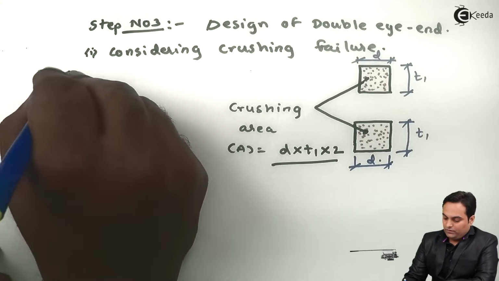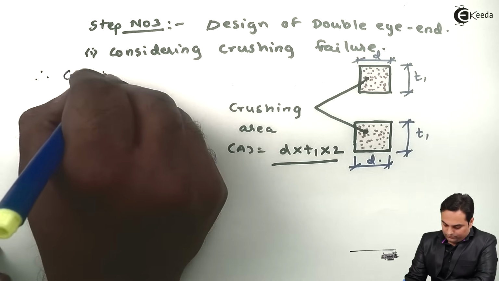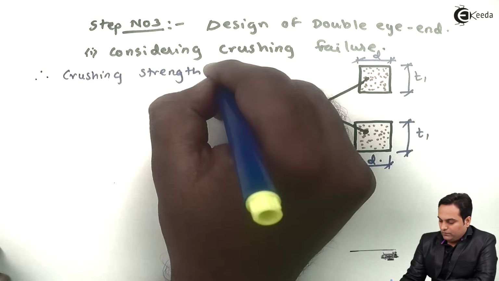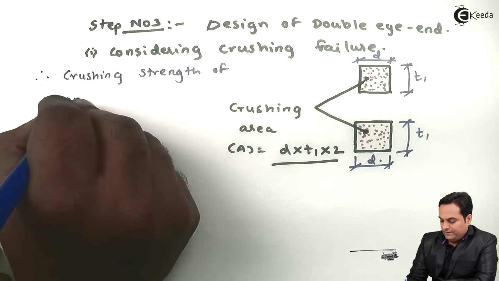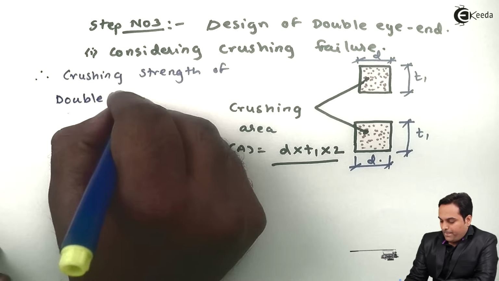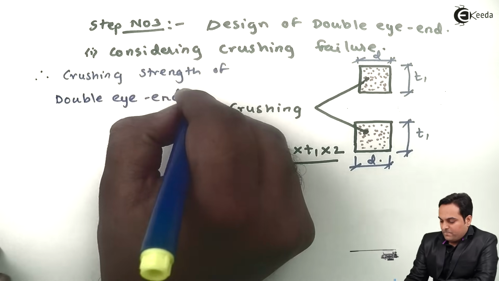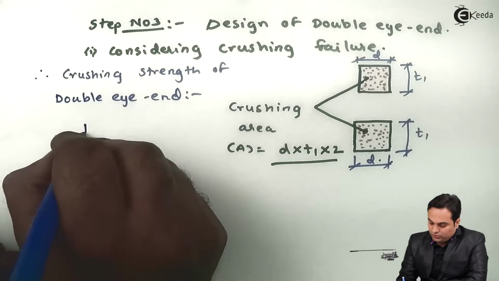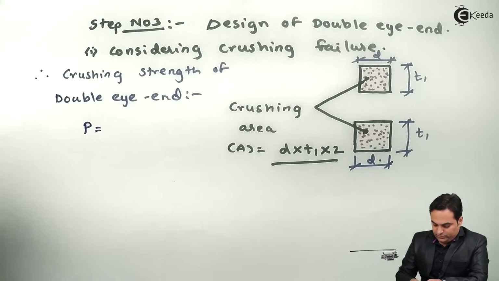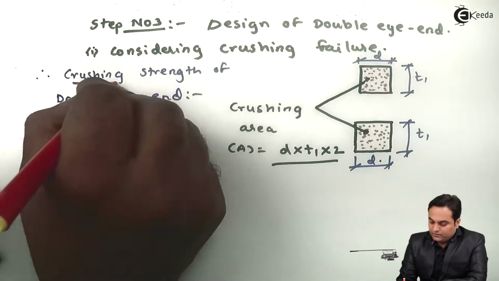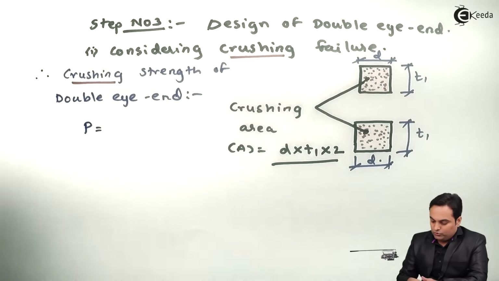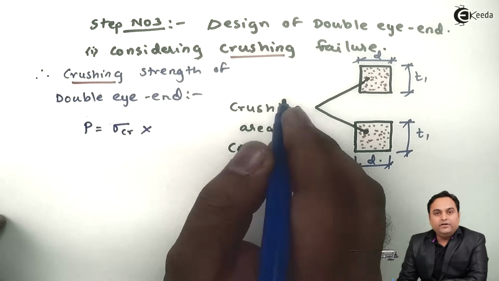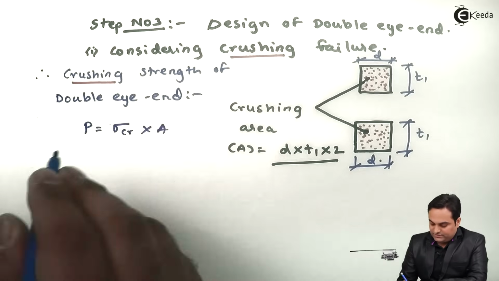Therefore, the crushing strength of double eye end will be equal to load, since here we are taking crushing into consideration. Load is equal to crushing stress, which is sigma CR, into area, that is the resisting area.